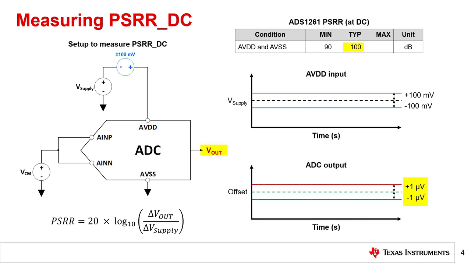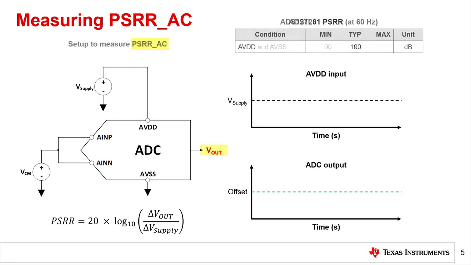Given this 100 millivolt offset on AVDD, we can use the equation in the bottom left and the ADS1261 typical PSRR in the top right to determine that a 100 millivolt change in AVDD should produce a 1 microvolt change in offset voltage at the ADC output, which is shown on the bottom right in red. Note that the output offset voltage swing is centered on the ADS1261's nominal offset voltage, represented by the green dotted line.